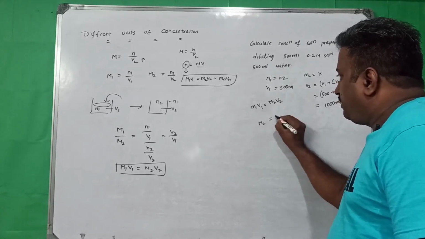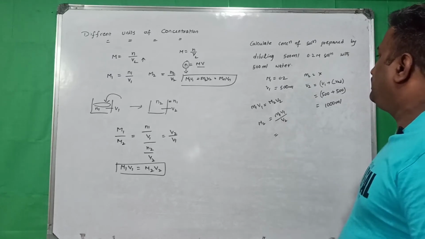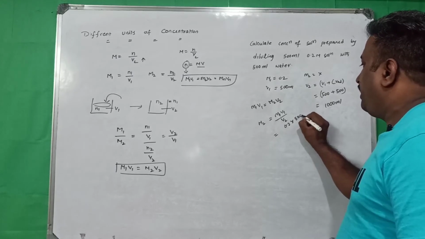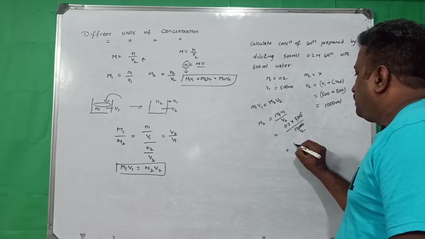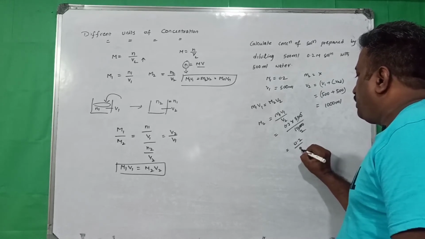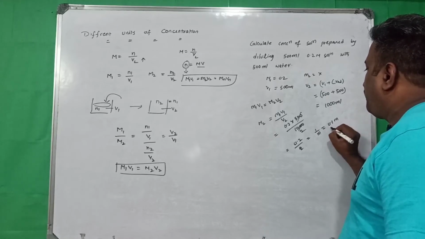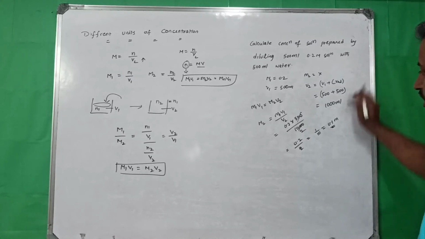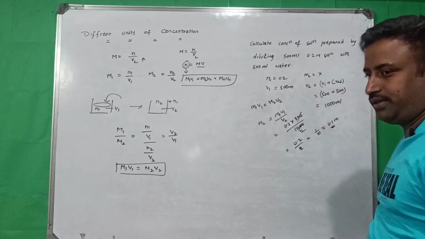M2 is equal to M1 V1 upon V2. What is M1? 0.2, V1 500, V2 1000. 0.2 upon 2 is nothing but 1 by 10, 0.1 molar. So the volume is doubled, the concentration becomes half, 0.2 to 0.1, since the volume rises from 500 to 1000.